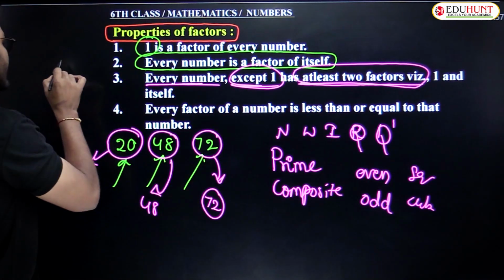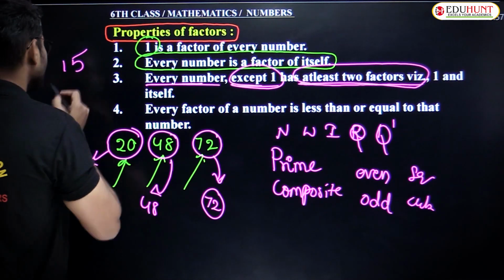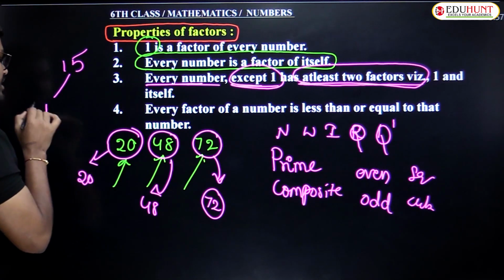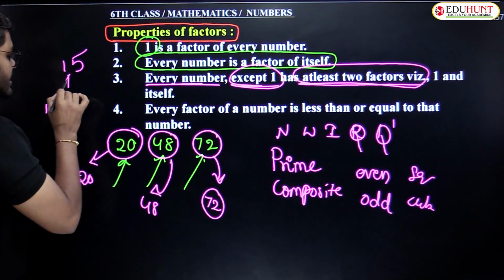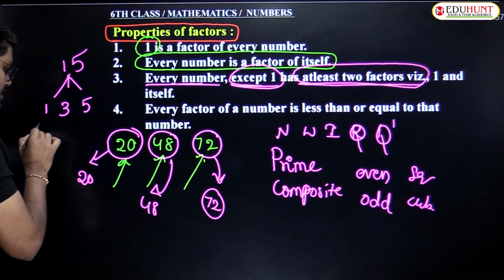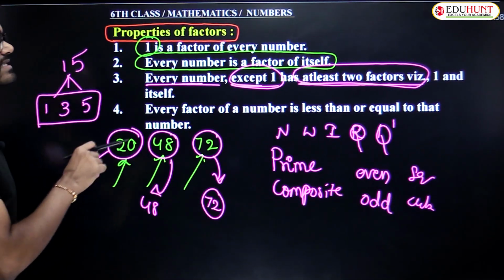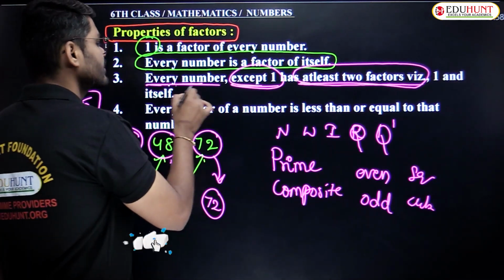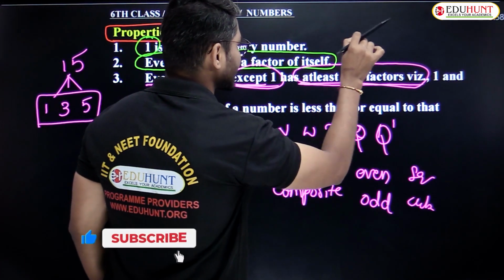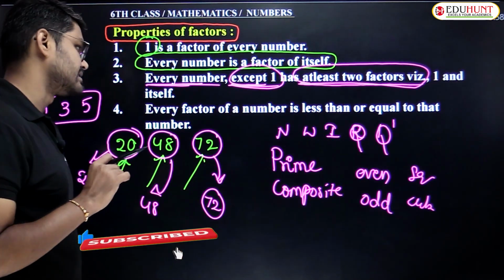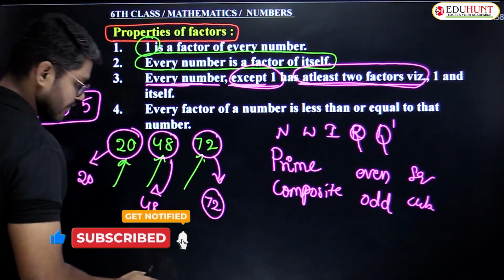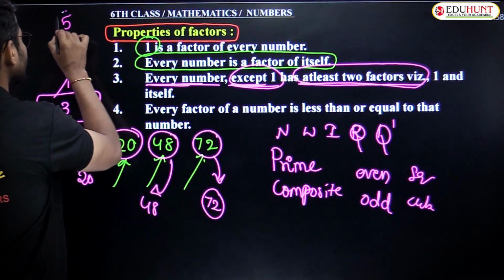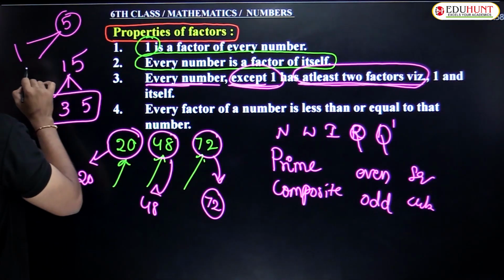For example, if I take 15, how many factors does it have? In one table I get it, in 3 table I get it, and in 5 table also I get it. That means here 15 has 4 factors. But the point is every number except 1 has at least 2 factors, that is 1 and itself. For example, if I take only 5, 5 has factors 1 and 5.